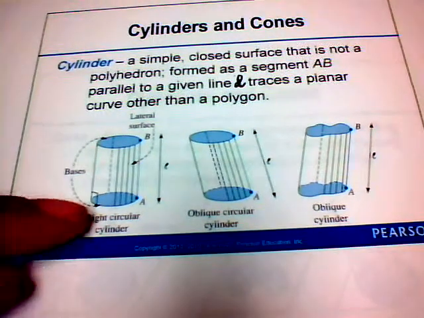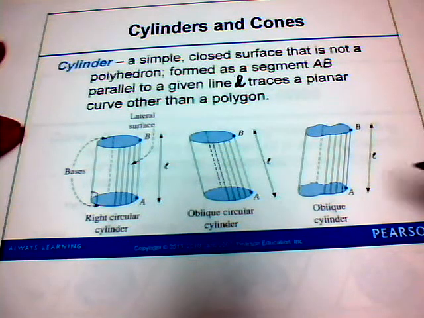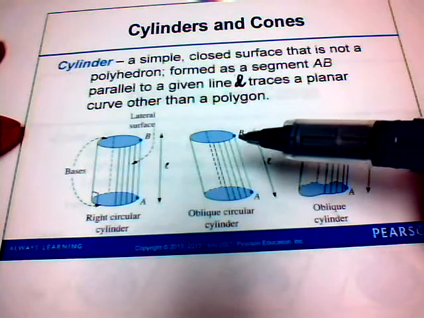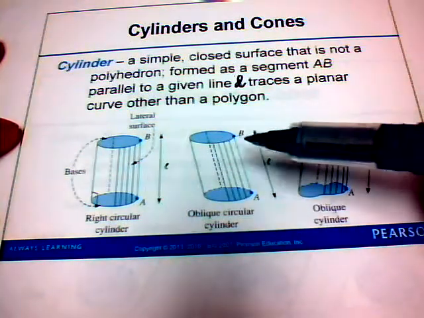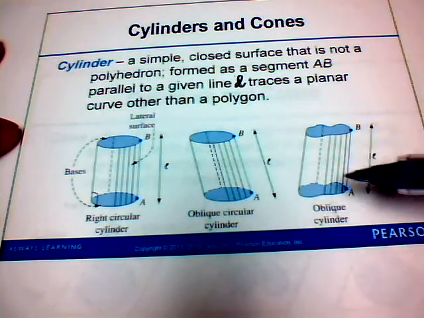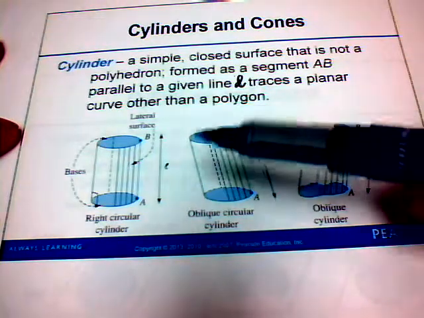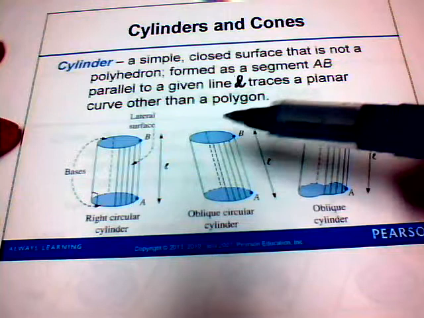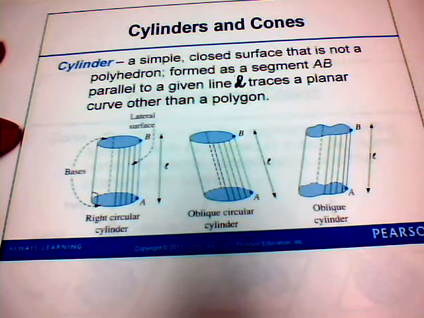And here, this is an example of a right circular cylinder, and the other two, this one is an oblique circular cylinder. You can see that it's not standing straight up, it's leaning a bit to the left, and this one is just an oblique cylinder. It's not circular because the circle is usually a smooth figure. This one is not.